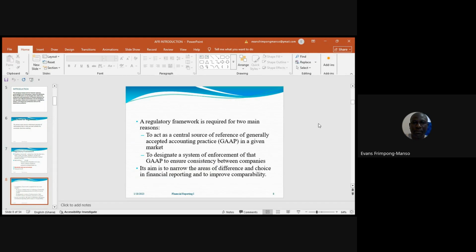a regulatory framework, as I have told you earlier, is required for two main reasons.